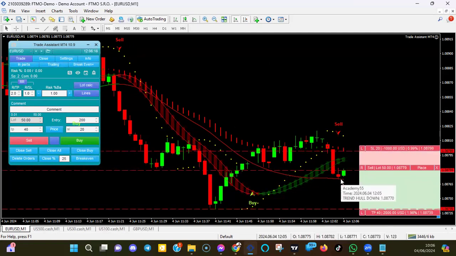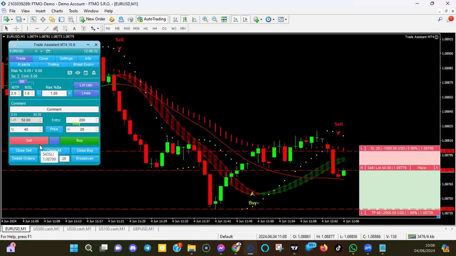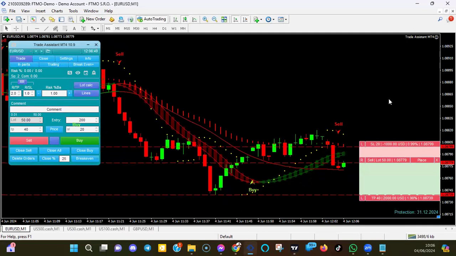Because at the moment it's below price, and price needs to be down here, and the trend line needs to be above price for me to continue that sell. And all the time we've got imbalance there, look, which they may or may not choose to fill, depending on how badly they want to go down and get that imbalance that we showed you earlier on.